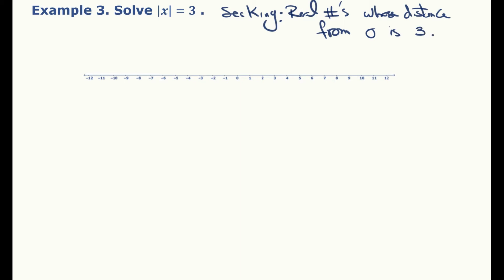Okay, so if we look at this number line, we'll see that 0 is right here in the middle, and if I go 1, 2, 3 units to the right, I do find a number whose distance from 0 is 3, so I'll mark that. And if I go, starting at 0 again, 1, 2, 3 units in this direction, I find another number whose distance, remember, we're not talking location, we're talking distance, whose distance from 0 is also 3 units.